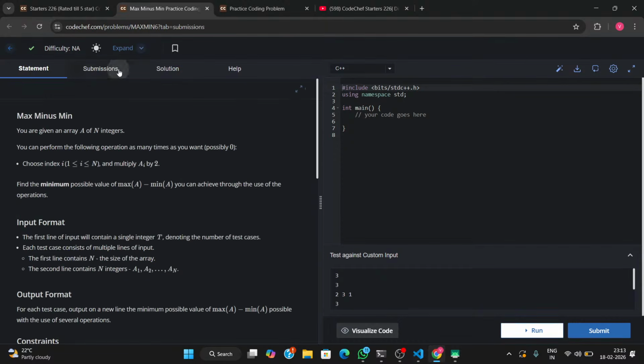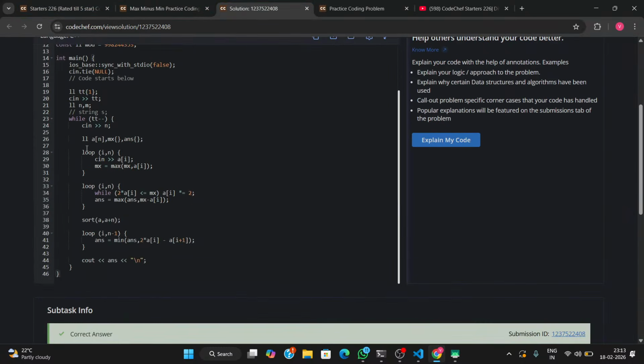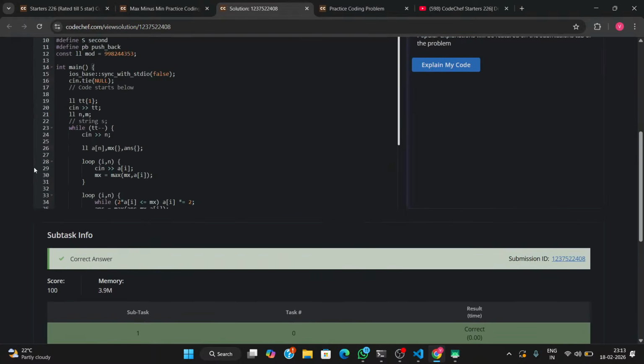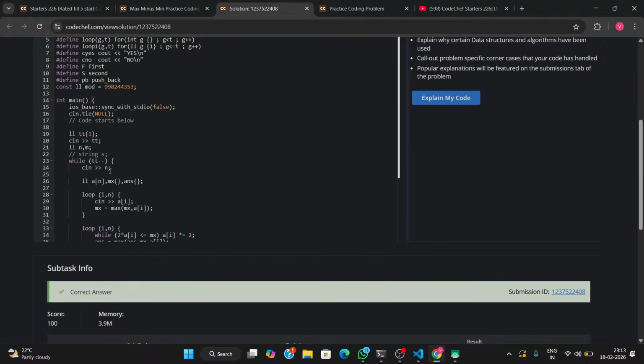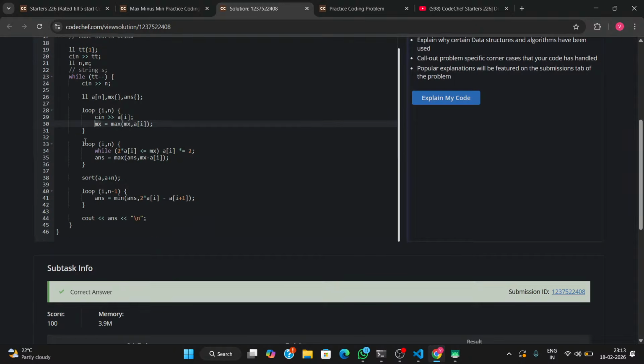So let's see the implementation also. We took input AI. We found the max element, whatever the max is, stored in MX. And now for all the elements in the array, we multiplied AI by 2 if we can, that is, whenever after multiplying it, it will be less than or equal to max.